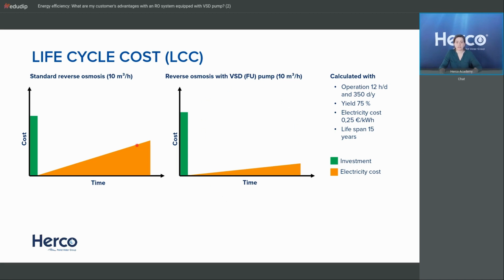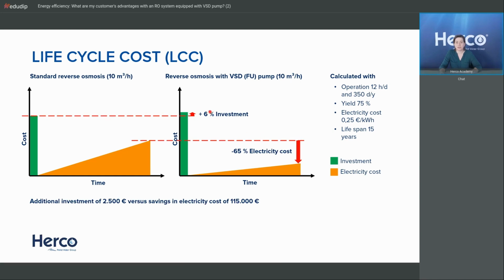And you see that there's a small increase in investment, but there's a huge decrease in operation cost. You see here, it's about 6% additional investment that corresponds to 2,500 euros. And your savings in electricity over the lifetime of the unit are 115,000 euros. So that's a big difference.